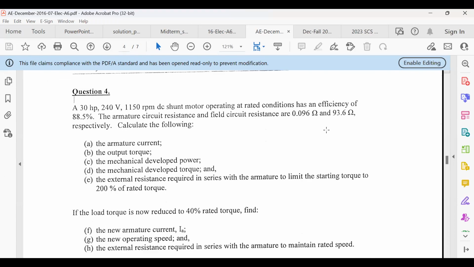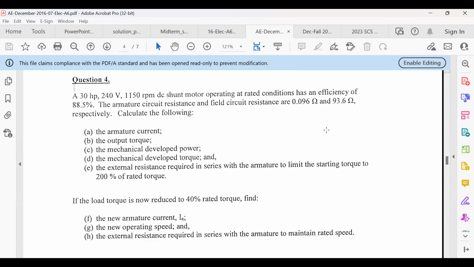So if there is no question, I'm going to solve this problem. It's a good one, actually. In December, or the fall of 2016 exam, problem number 4. Yes, no questions.